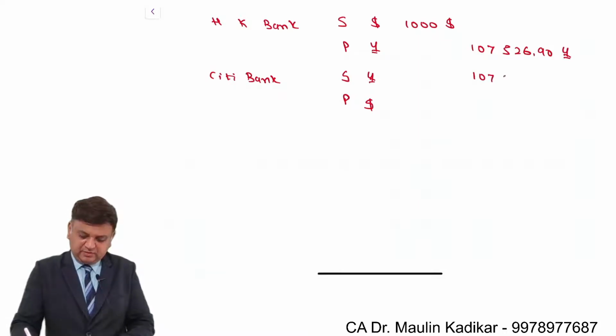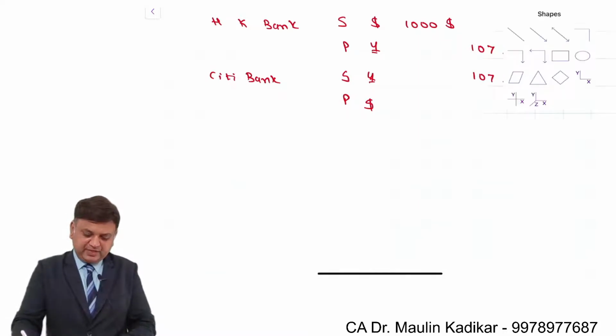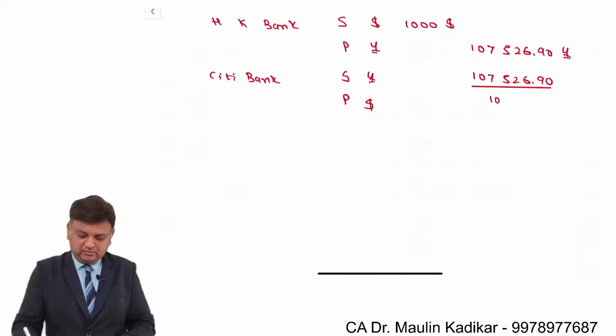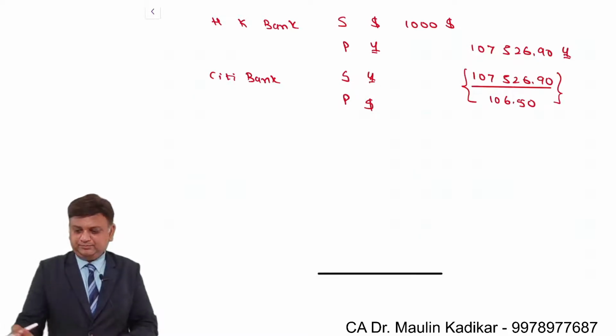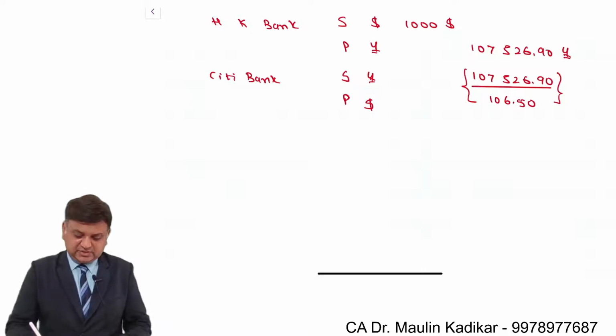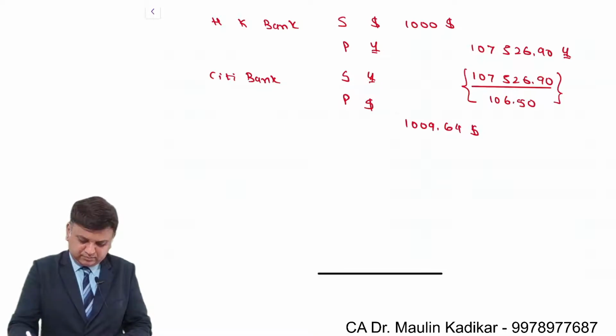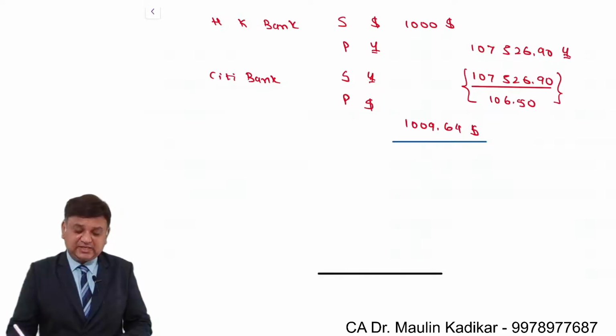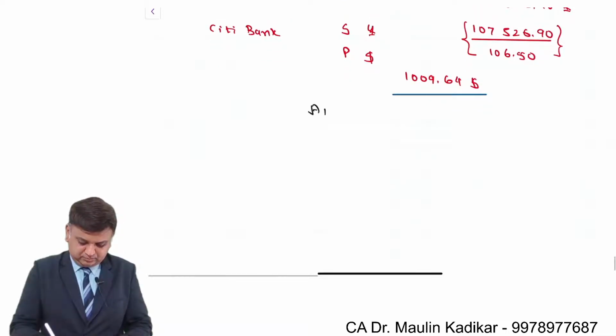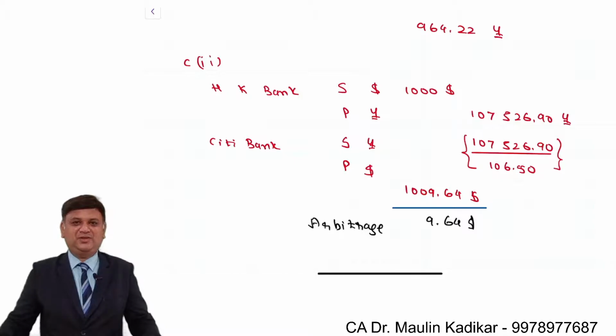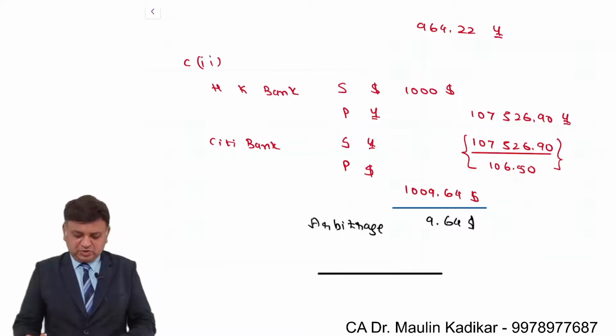So 107,526.9 divided by 106.5 is 1009.64. So the difference of that is the arbitrage. It is $9.64. So this is the way we can make the gain in the second part of the question.